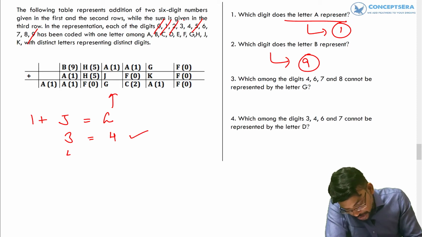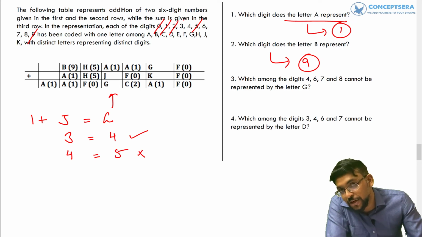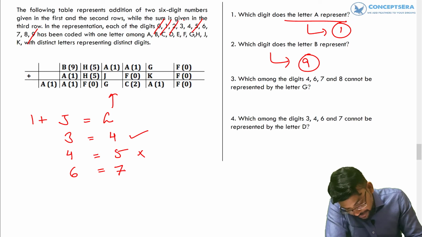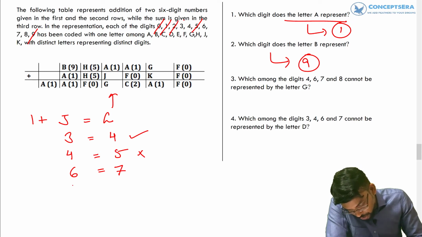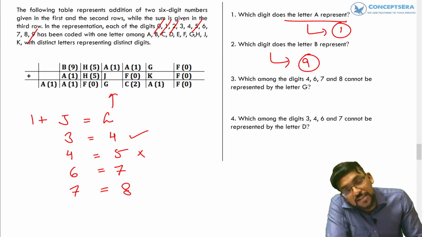If J is equal to 4, then G will be 5, which is not possible because 5 is represented by H. If J is equal to 6, then G can be 7, a possible case. If J is equal to 7, then G is equal to 8, which is also a possible case.